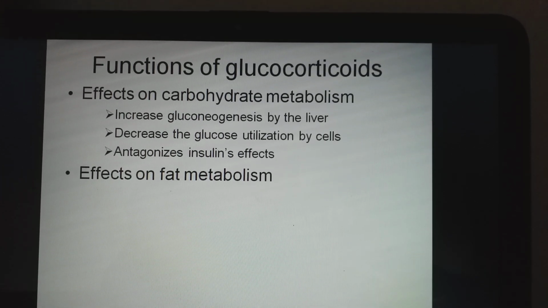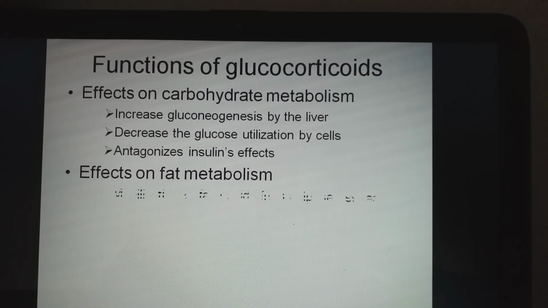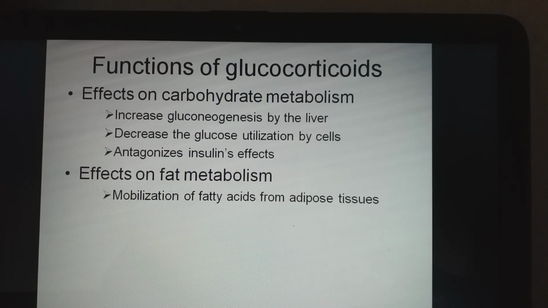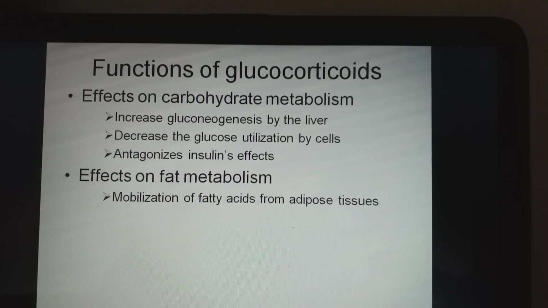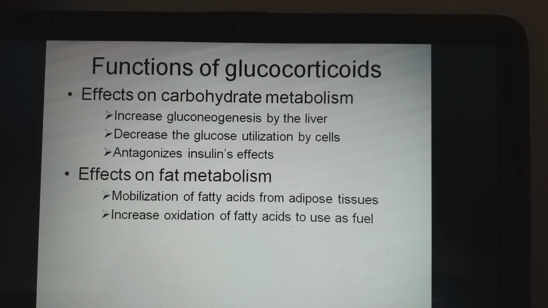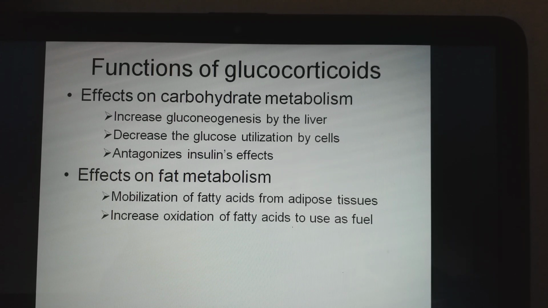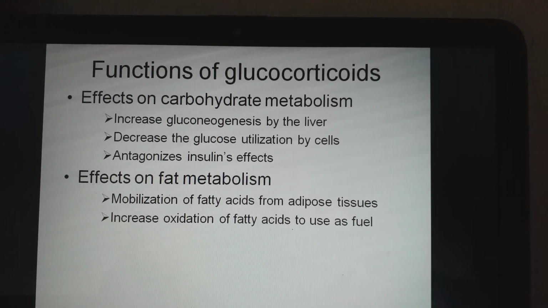And what are the functions in fat metabolism? It mobilizes the fatty acids already stored in adipose tissue in peripheral tissues like the limbs, right? It increases the oxidation of fatty acids and uses them to produce energy as a fuel.